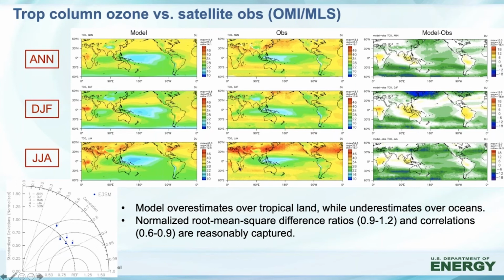We can see that the model mainly overestimates over tropical lands and underestimates over the oceans.